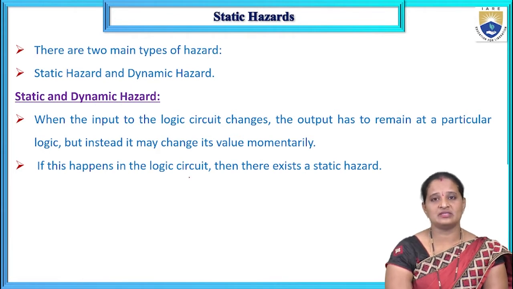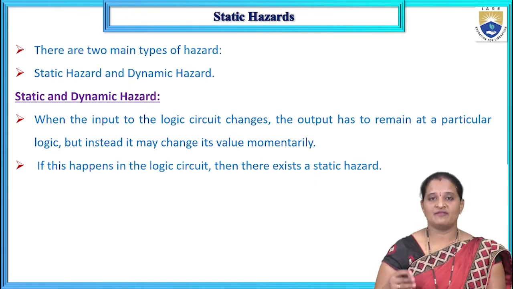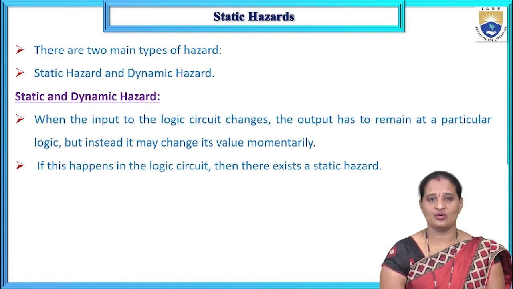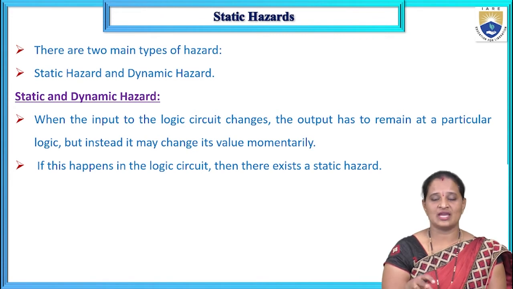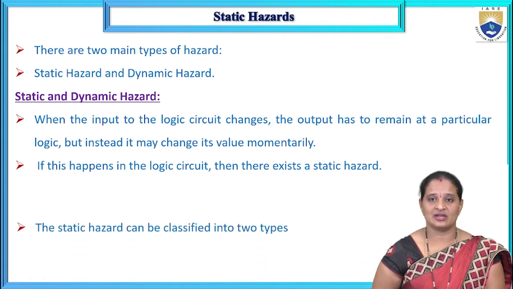If this happens in the logic circuit, then there exists a static hazard. So even if I change the input, the output has to remain at a particular logic value, but it changes momentarily. This situation in a logic circuit is known as a static hazard.